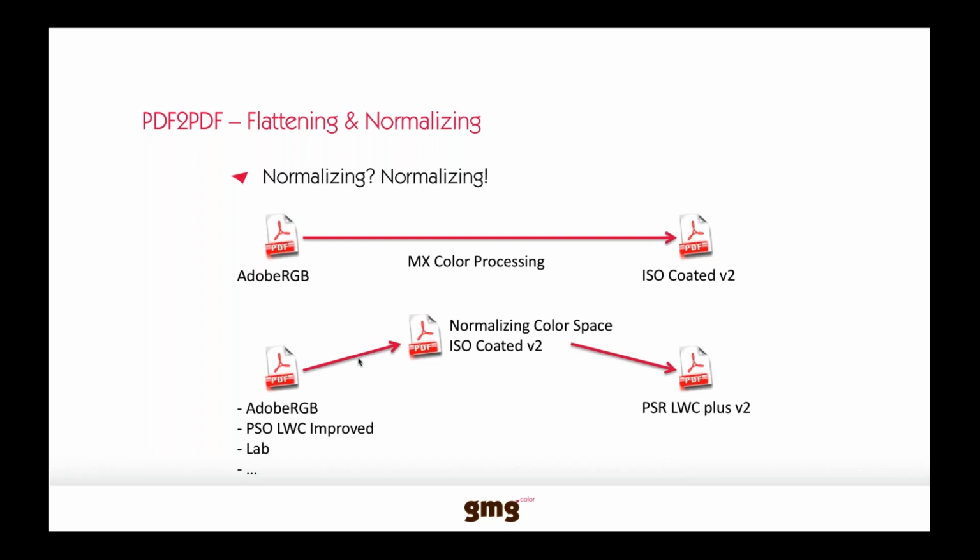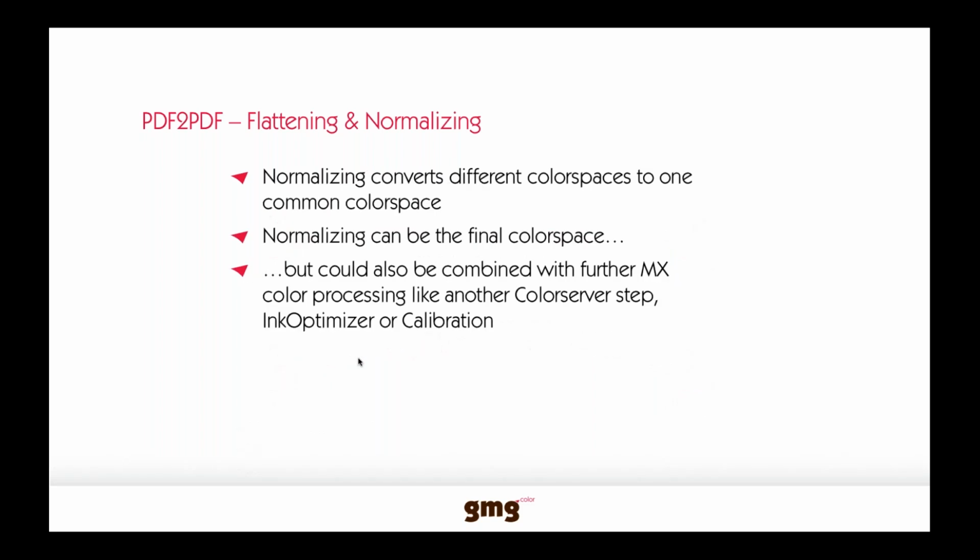This could be ISO Coated, but it could also be a different color space, for example PSR LWC. So normalization means grabbing all the different color spaces into one and then converting. Normalizing converts different color spaces to one. Normalizing can be the final color space, but could also be combined with further MX color processing, for example ink optimizer or calibrations.